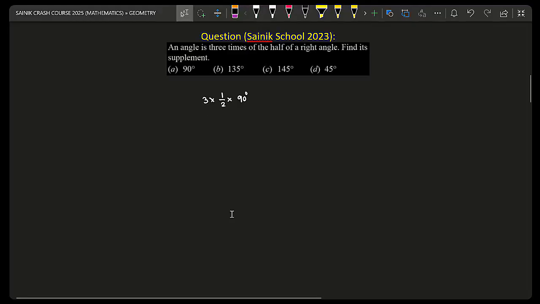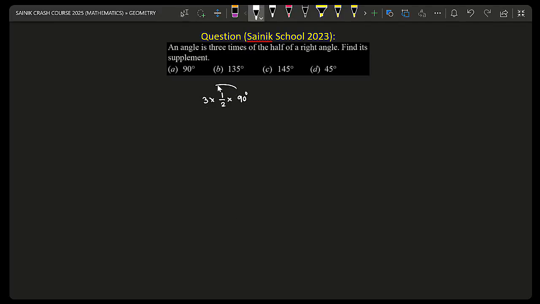Yes, Sanvi, what is the supplement of 20 degrees? So the supplement of 20 degrees is 160. How did you find it? 180 minus 20. That means whatever angle is given, you subtract it from 180, right?